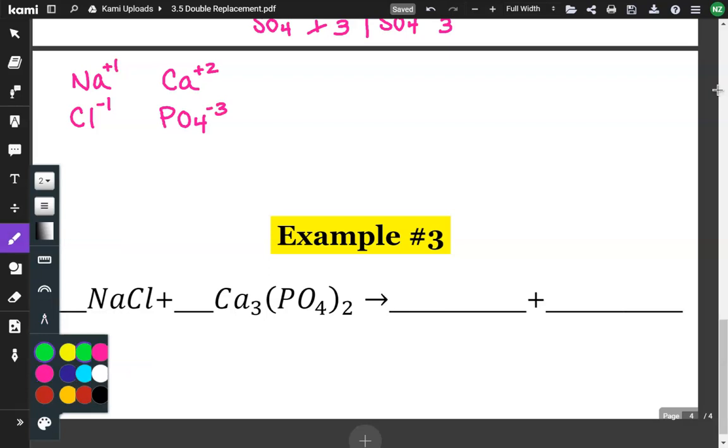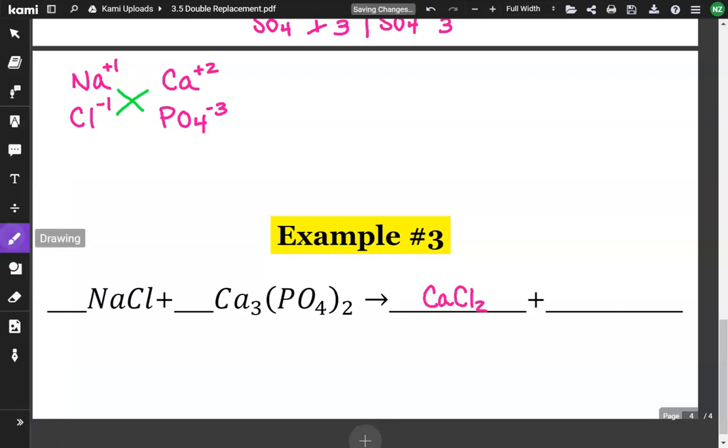Let's draw our X. Okay, so calcium and chlorine. I'm going to need 2 chlorines to balance with my calcium. And then I'm going to need 3 sodiums to balance with my phosphate.